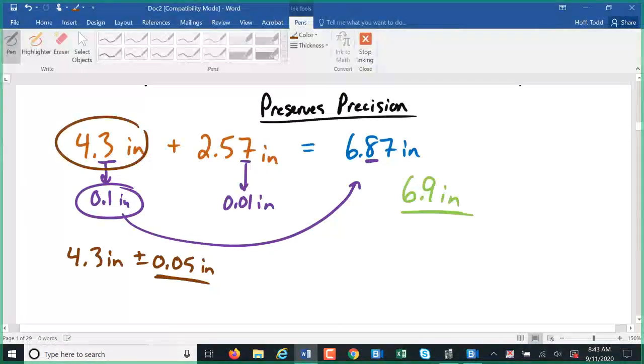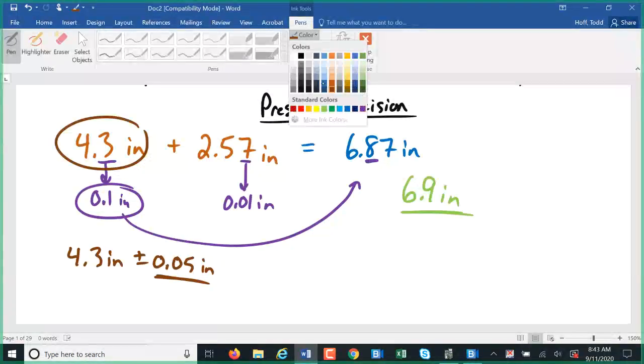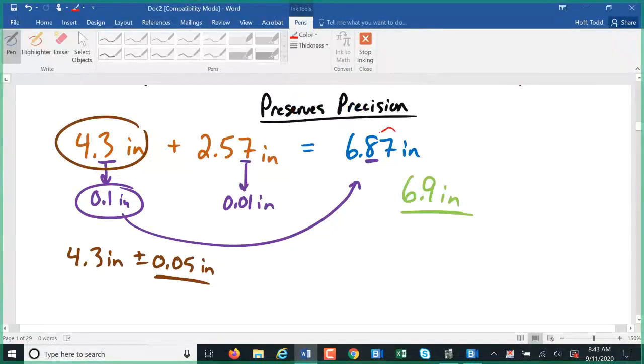There's that implied error, that possible error in that measurement. When we rounded from 6.87 to 6.9, sure, we lost 0.03 of an inch, but our error in that first measurement is bigger than that 0.03 of an inch.